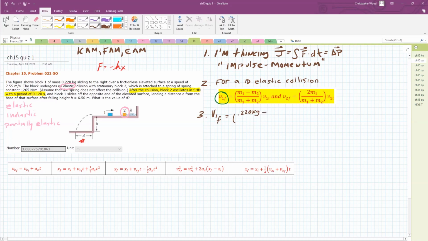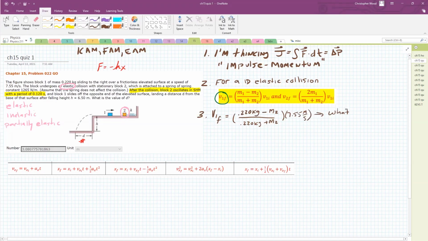What's the mass of M2? I don't know M2, so minus M2, over M1 plus M2. Things were going very plug and play. V1 initial is 7.55 meters per second. That's my number.